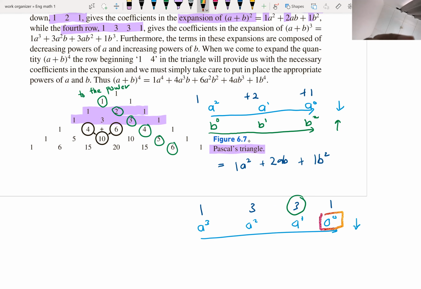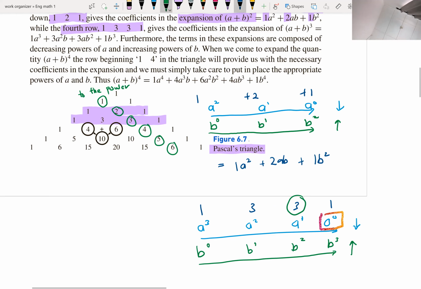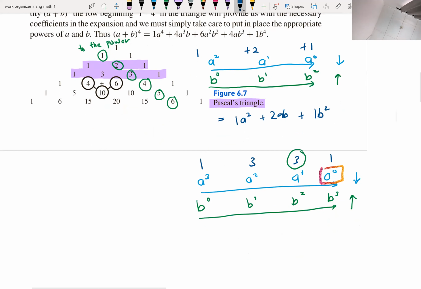For B, B must start with B0, and as it goes from left to right it will be increasing: B0, B1, B2, and B3.